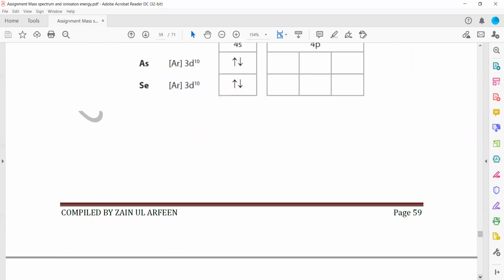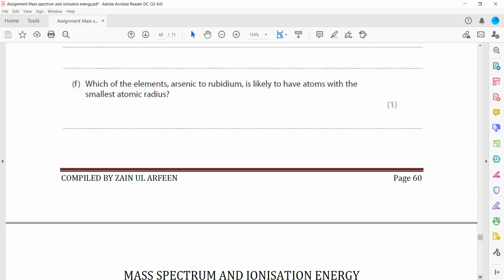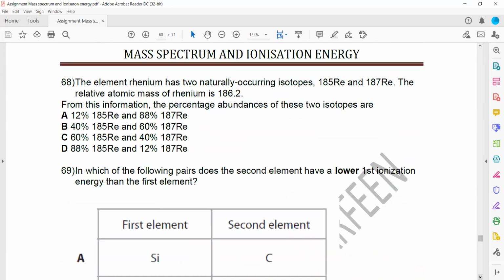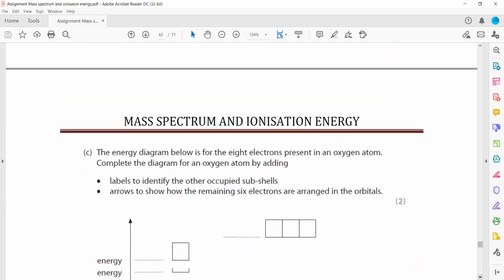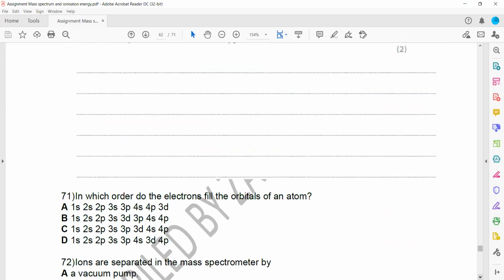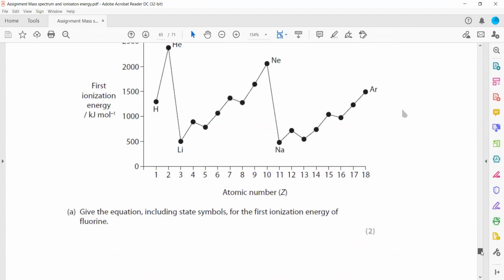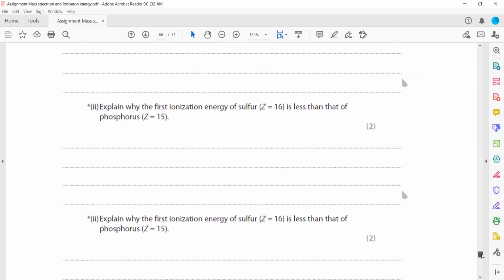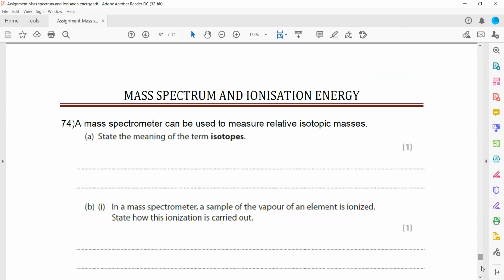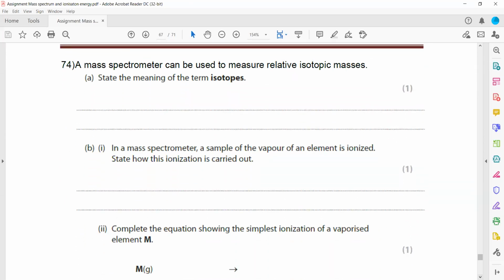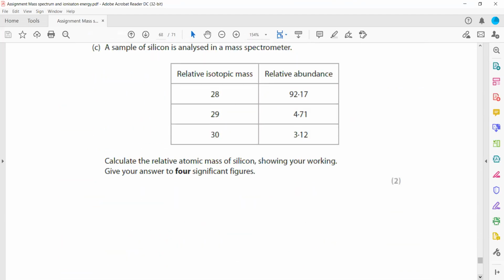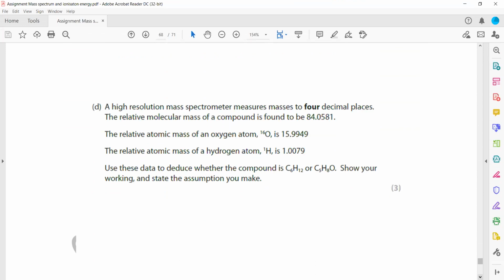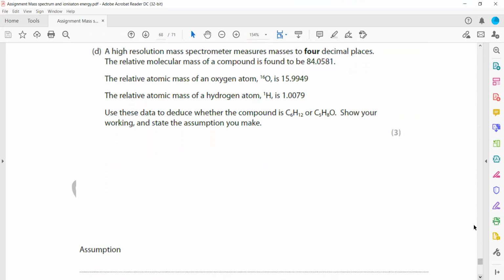Then question 74, part D. Okay, another question.